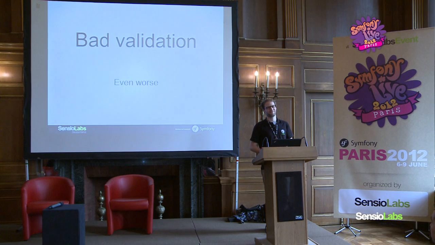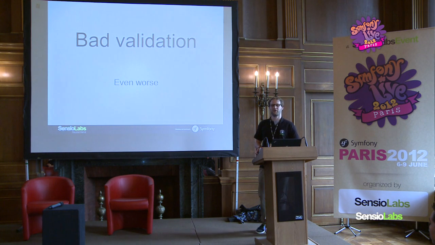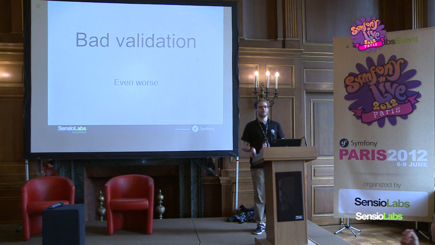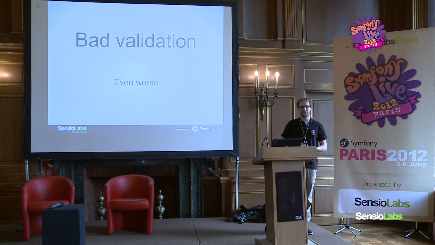If not, do you really think the API will tell you, okay, this is bad? So the thing is, if you give your bundles out to other people, you have to make sure that they can use it in the right way. And it kind of is a problem if you don't provide good validation for it.